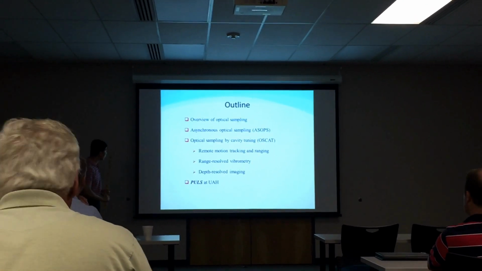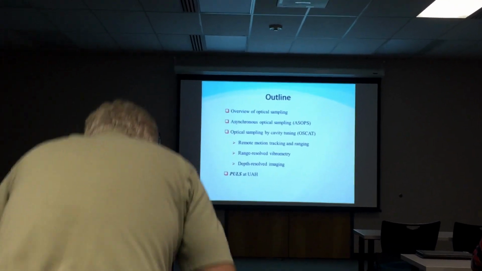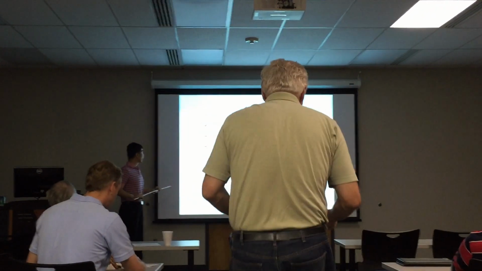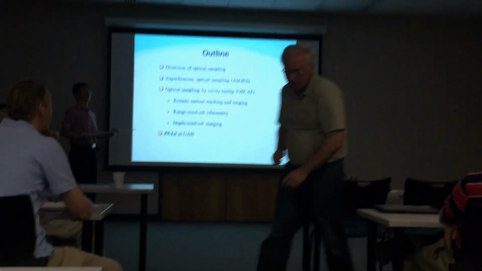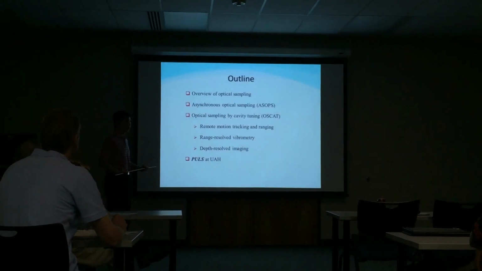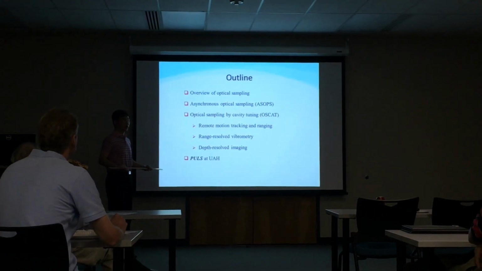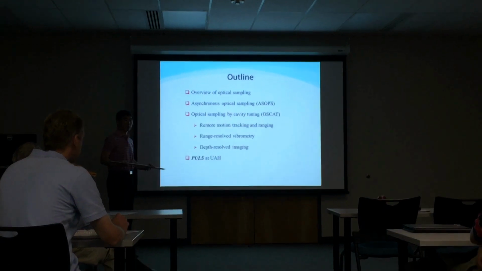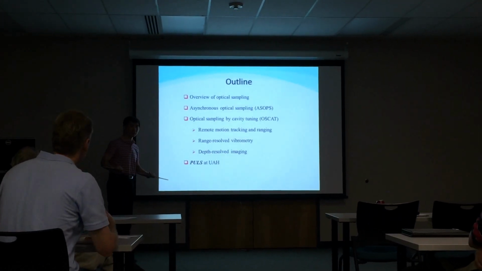So, brief outline. First, I'll briefly review the basic concept of optical sampling, and there are two types of schemes I'm going to talk about. One is asynchronous optical sampling, which is other work that we actually did, but it has a lot of similarities. It's a fairly well established technique.